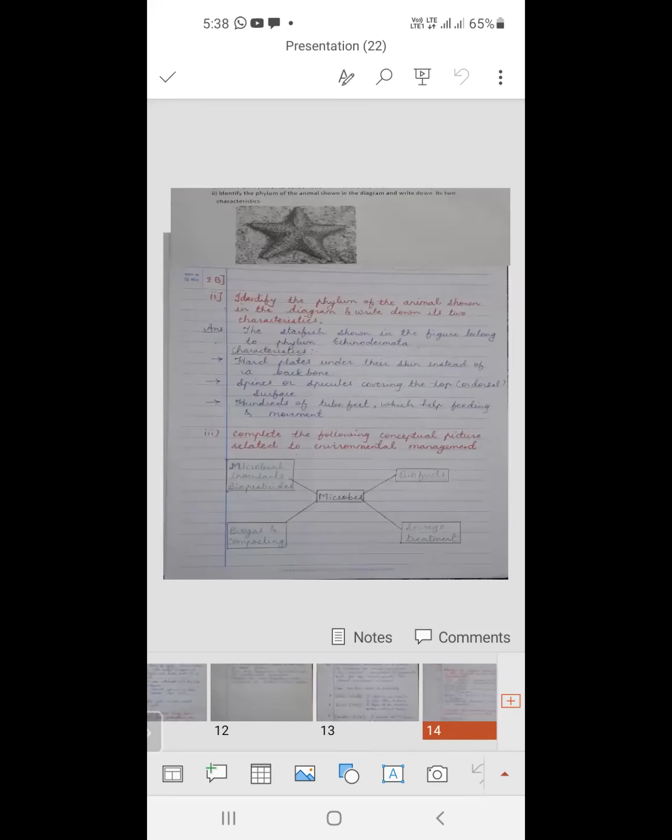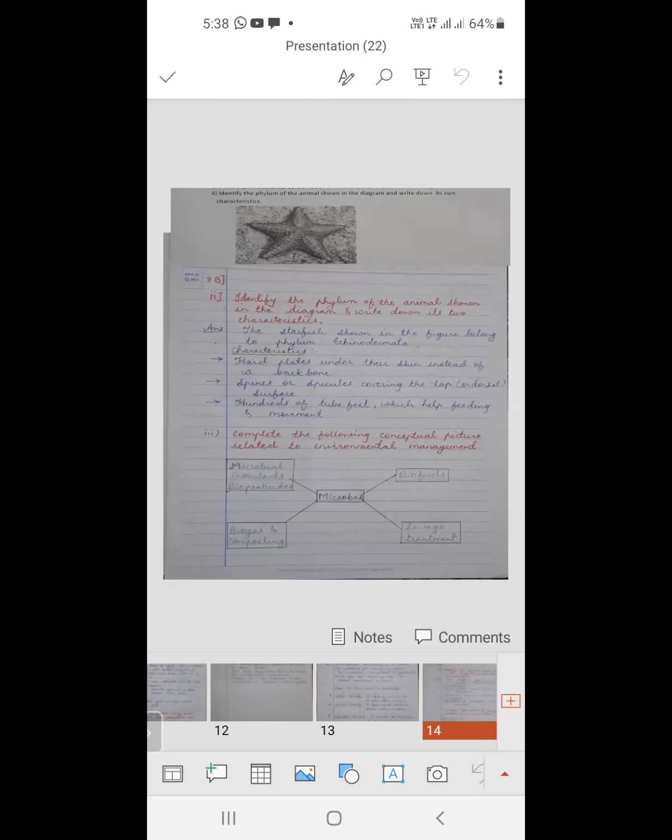So identify the phylum means you have to identify the picture given in this question and write down its 2 characteristics. By observing, you can see that this is the diagram of a starfish. It is easy to identify. This is an easy question.